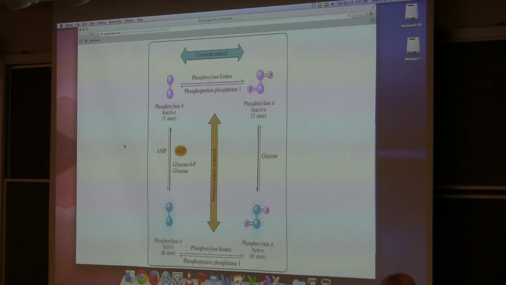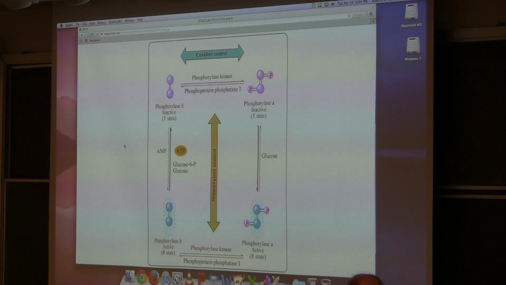This enzyme is regulated allosterically and by covalent modification. It has both regulatory mechanisms that affect it. I'll repeat that. It's regulated allosterically and by covalent modification. And by the way, putting phosphate on is a covalent modification, and so is taking phosphate off. Anytime I'm affecting a chemical bond, it's a covalent modification. So putting a phosphate on and taking it off are both covalent modifications.